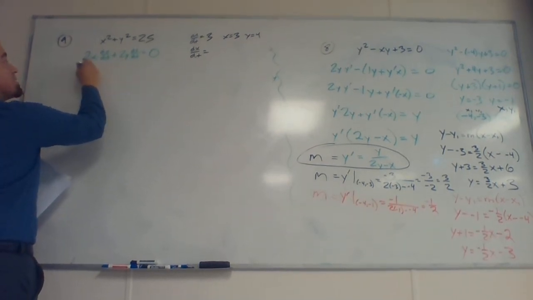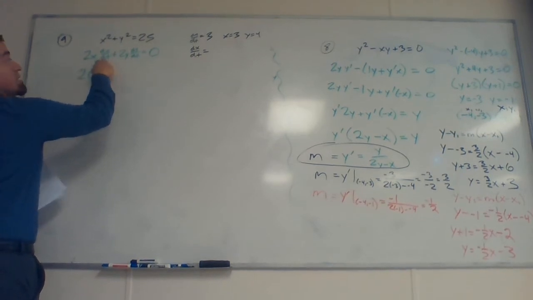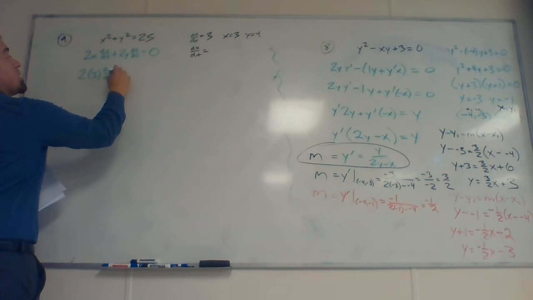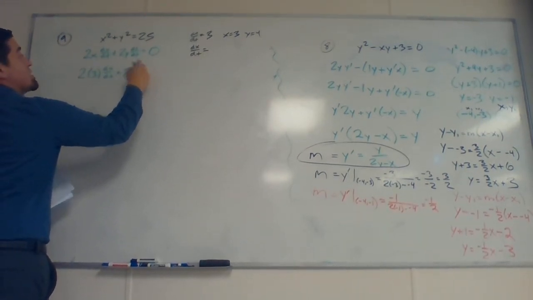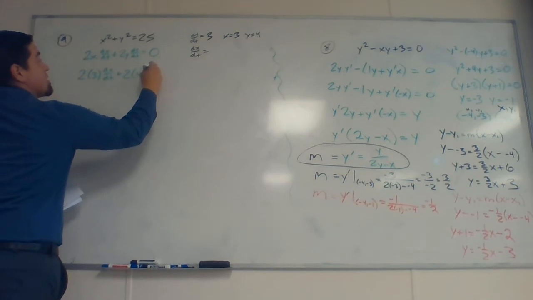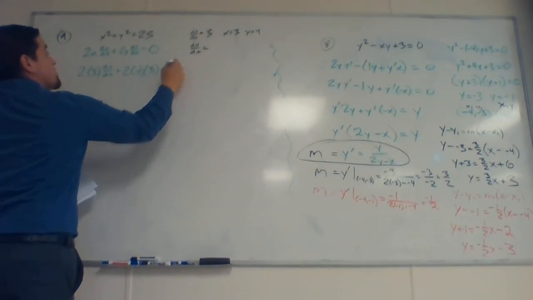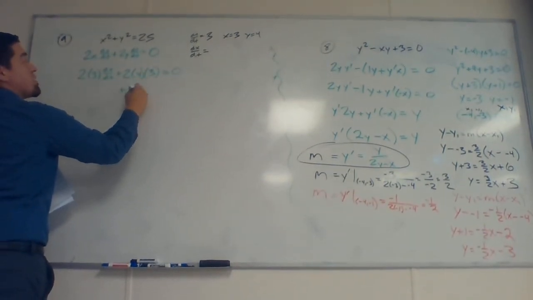So 2 times 3 times dx/dt, which is unknown, plus 2 times 4 for y times dy/dt, which is 3, equals 0. This is 8 times 3, that's 24.